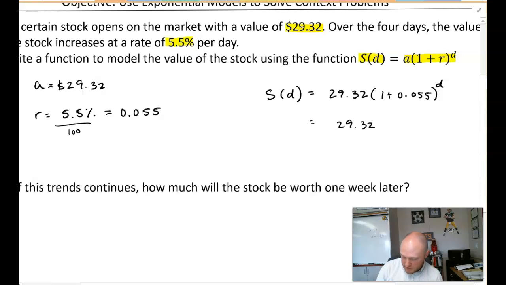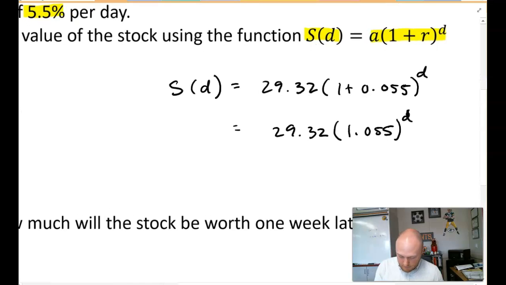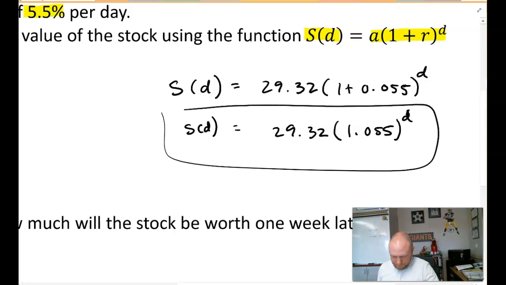So 29.32 times 1.055 to the power of D. All right, so there is the function.